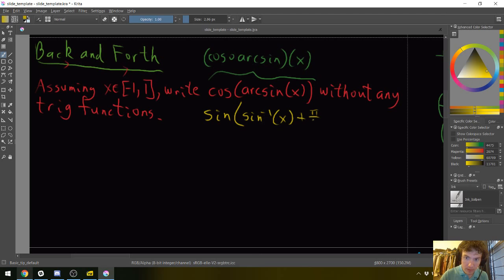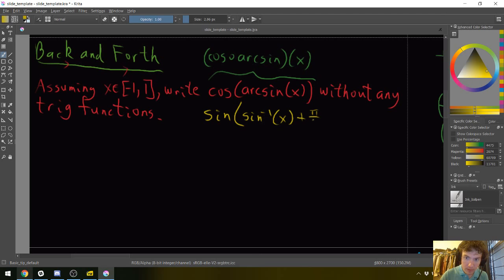This is sine of a plus b. This is not how I thought to do the problem, but you could do it this way, I think. Remember the formula: sine of alpha plus beta is sine alpha cos beta plus sine beta cos alpha.